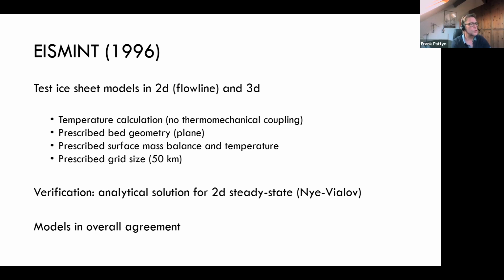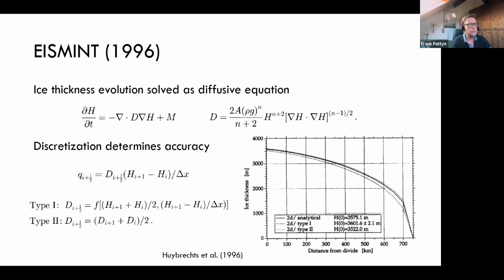And verification was possible for the flow line case using the 2D steady state Navier-Stokes solution. Overall, these models are in agreement. It also allowed detecting some errors in different models, but there were some differences that were noted, especially when you compare to analytical solutions, as shown in this figure.